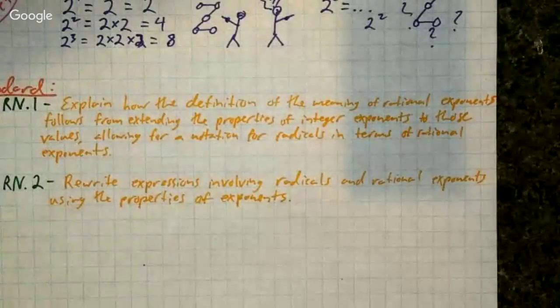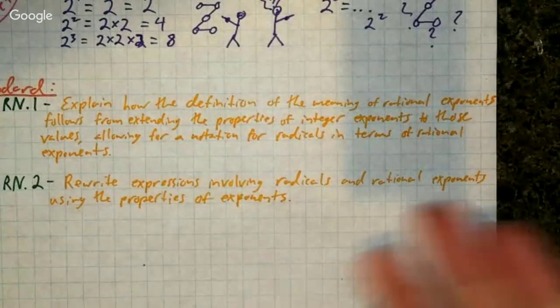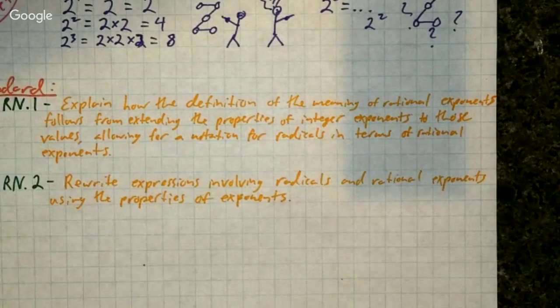Okay, so those are our two standards that we're going to be talking about today. As you can see, they're all about zero and the negative exponents today.